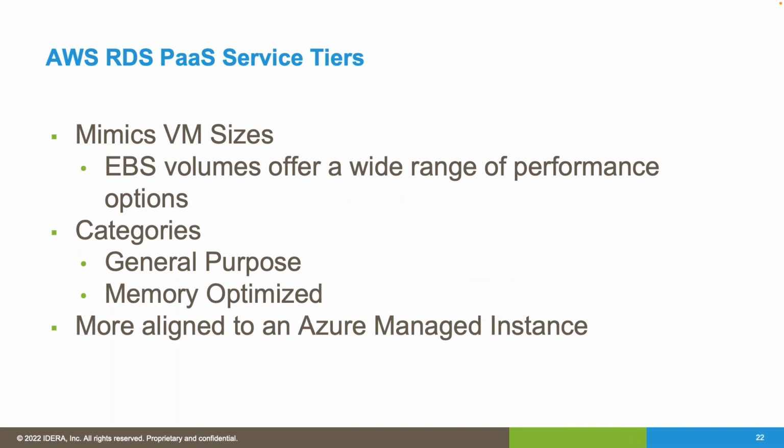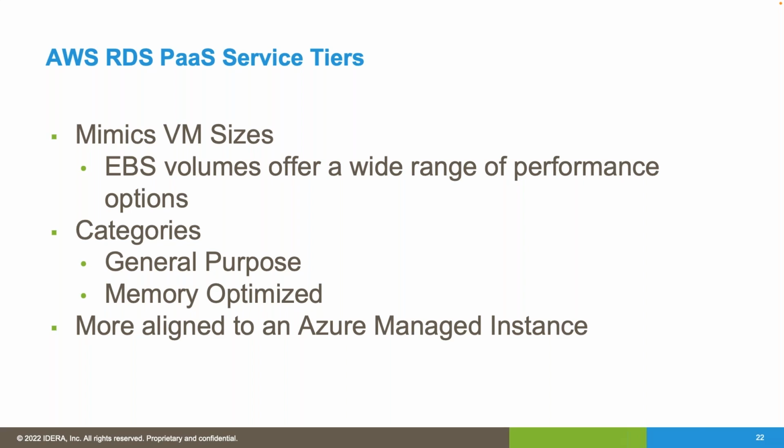AWS. I wanted to touch on the other cloud providers. I know that I talked a lot about Azure. The RDS platform as a service is more aligned to what you can think of like an Azure managed instance, where it's not a single database on a logical server. You actually get a full-blown SQL Server instance.